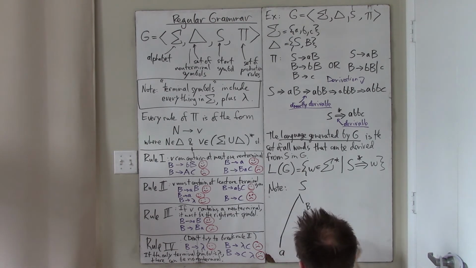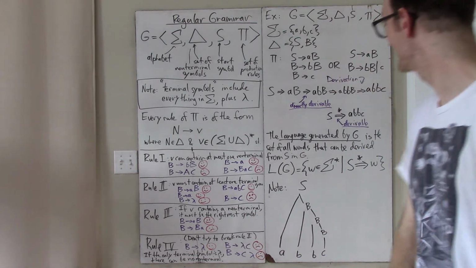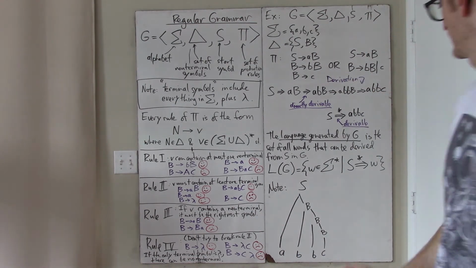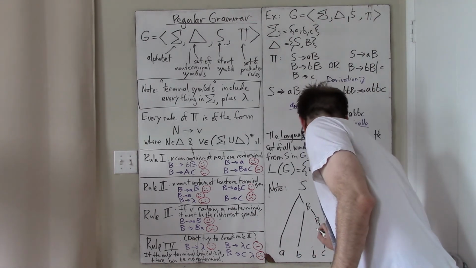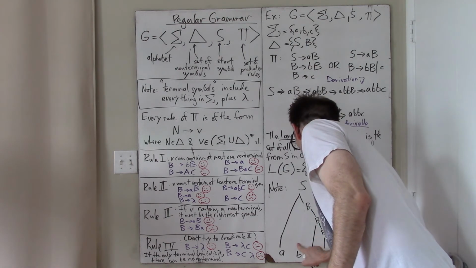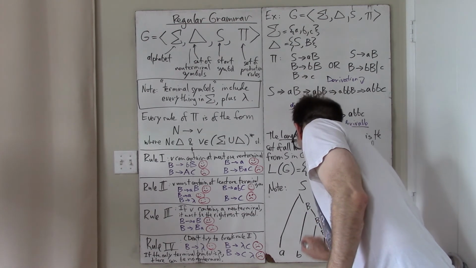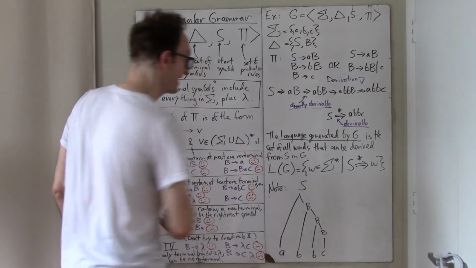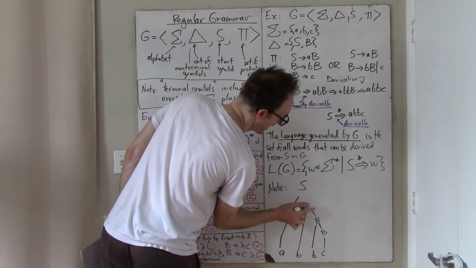So it looks like that, and that's just right. Okay, good. So this tree represents the structure of the string a, b, b, c that we generated with this grammar.